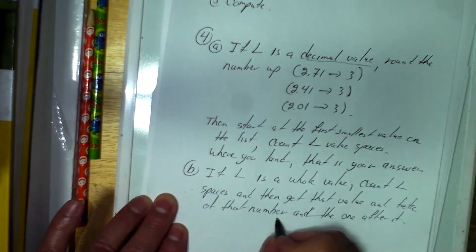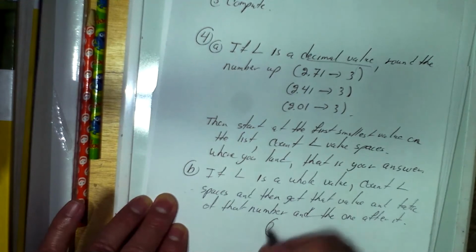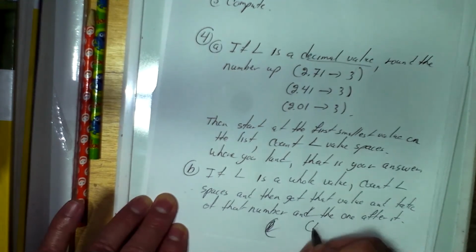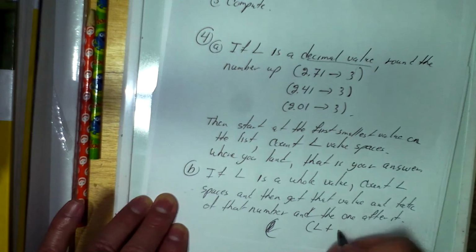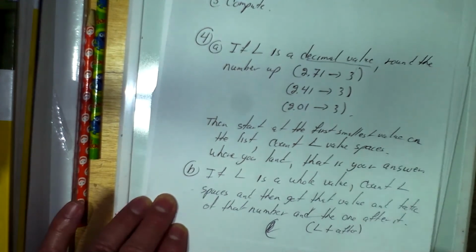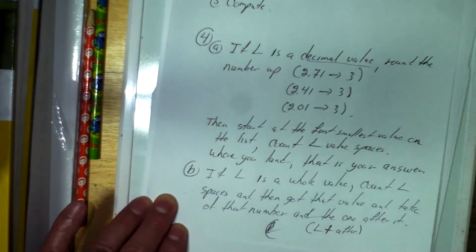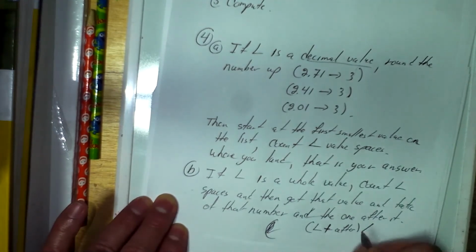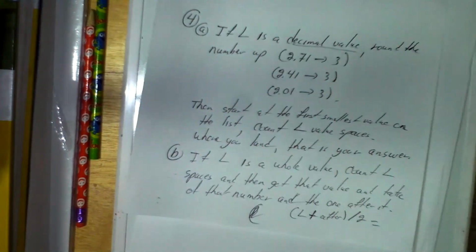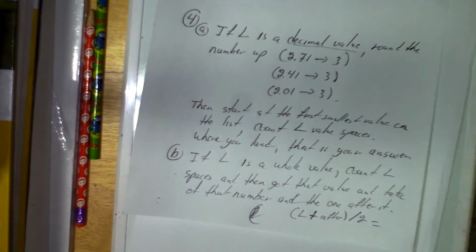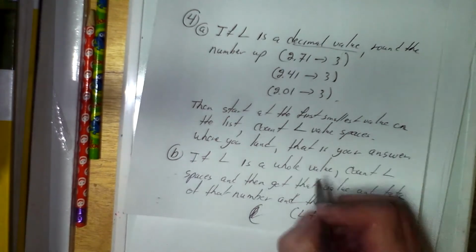Right, so you're gonna take the average. You're gonna get the L plus the one after it, and then divided by 2. L plus after divided by 2. That's how it's gonna work.